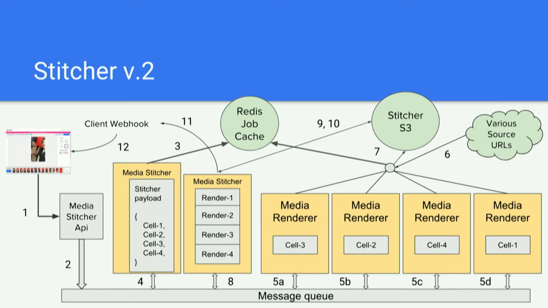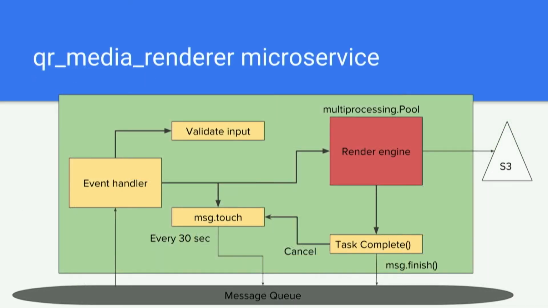And finally, it calls the client webhook, and the client can then report to the user that the video is ready. As we saw before, the renderer is the same as we'd seen earlier, minus the necessity to call the webhook here. That's done back in the API.